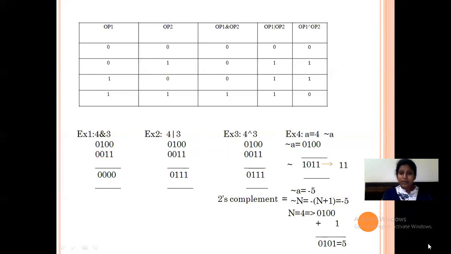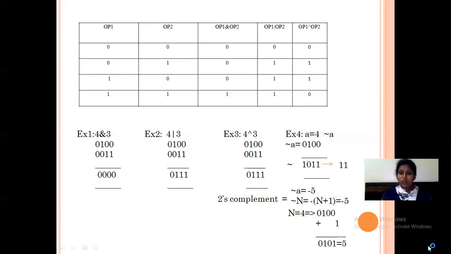Then see the example: a is equal to 4, then you need to perform negation of a. Take the value of 4, then if you do negation, then you will be getting the value of 11. But in some compilers, it will not give you the value of 11, it will perform the 2's complement for this negation operation. Then what was the formula for this 2's complement?